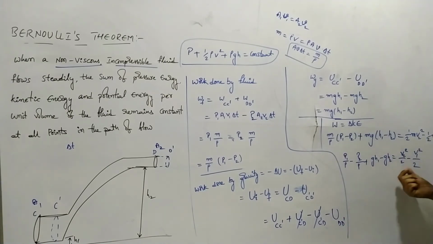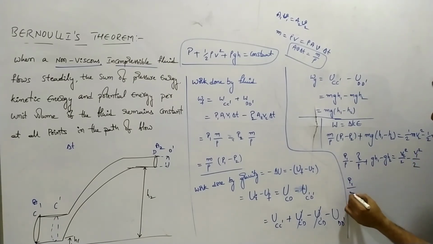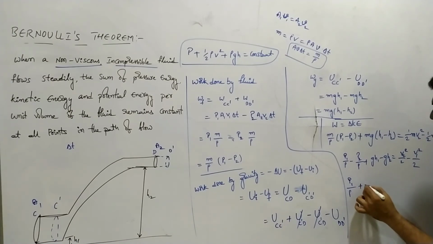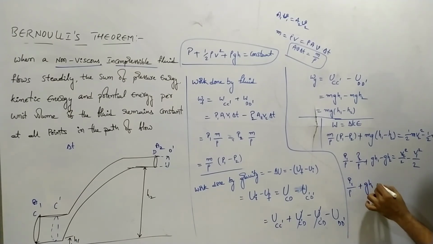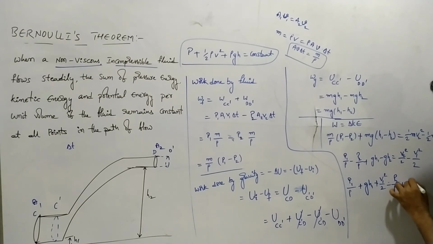So I am going to send this v1 square by 2 towards this side and bring this P2 by rho and minus g h2 towards this side. Then the expression can be represented as P1 by rho plus g h1 plus v1 square by 2 is equal to P suffix 2 by rho plus g h2 plus v suffix 2 square by 2.